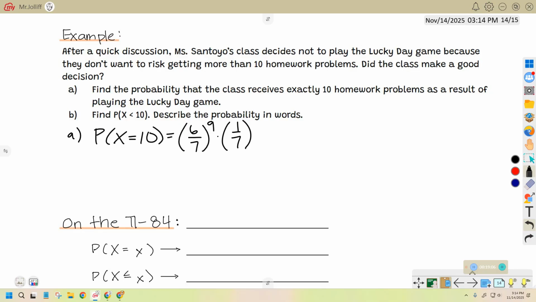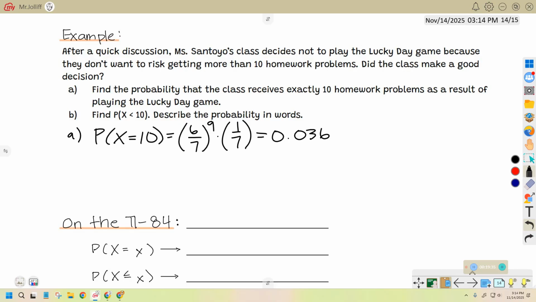And I get 0.036. Somebody should check my math. Good.